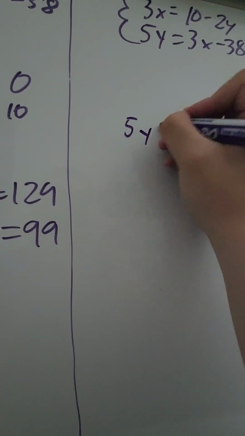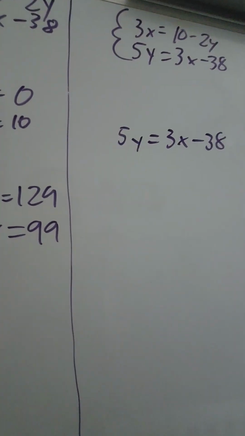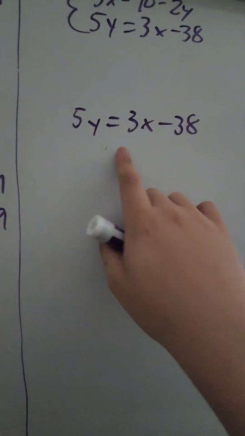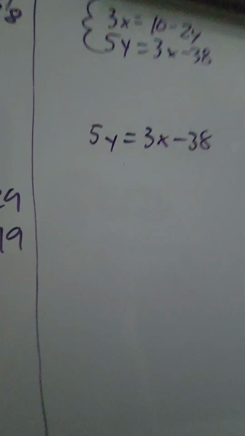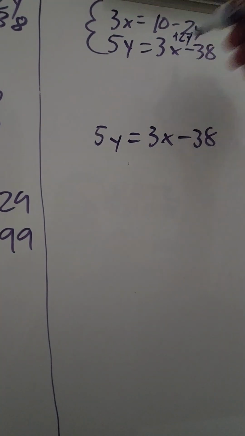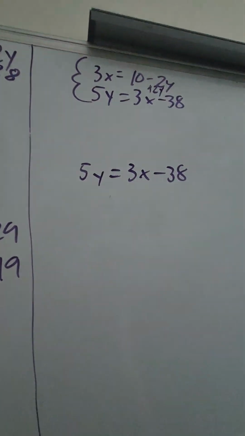So I'm going to put that down here. But up here it's not. So how do we get it into this form? Well, we have a 2y here and a 3x there. I'm going to add 2y to both sides, and as I add 2y there, I'm going to subtract 3x over there.